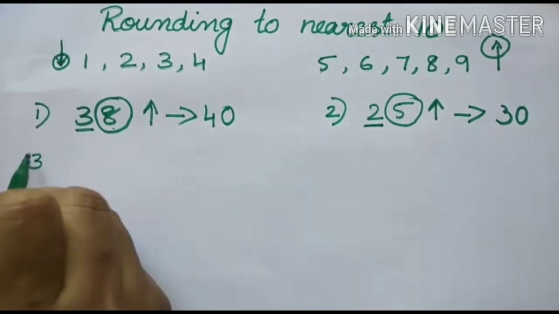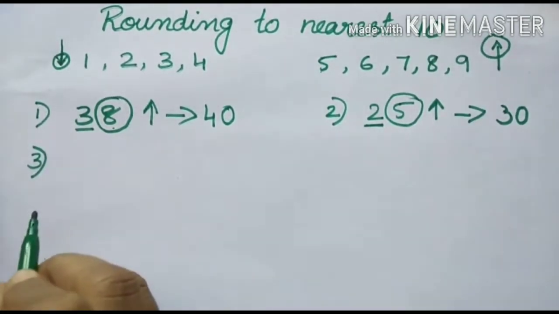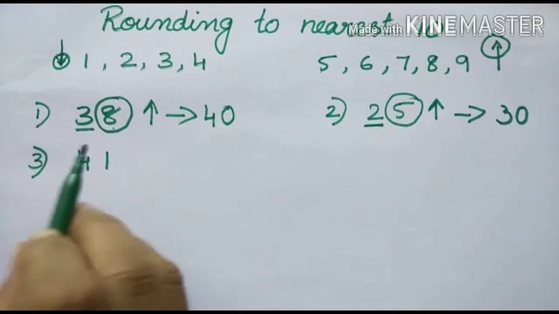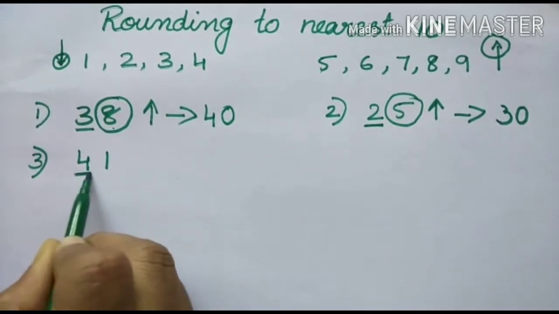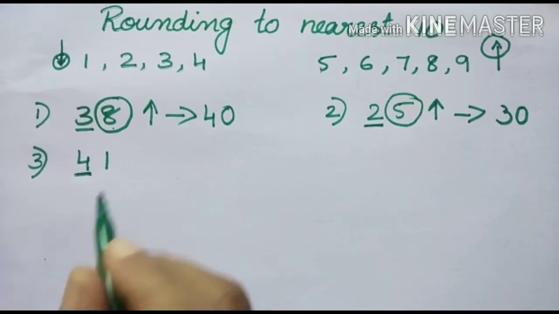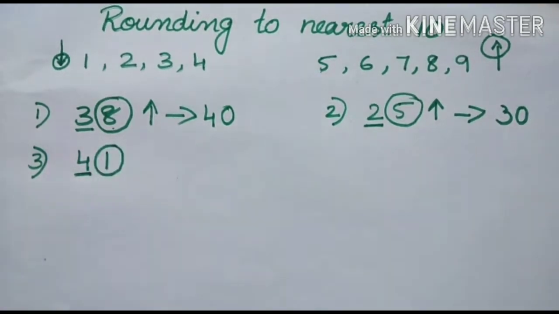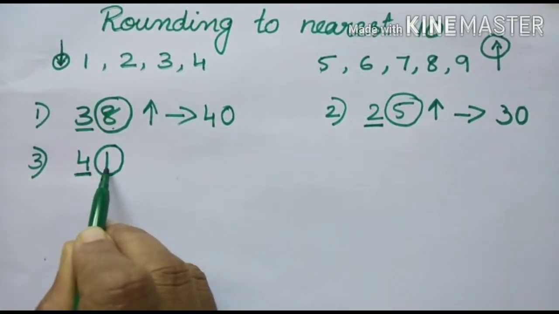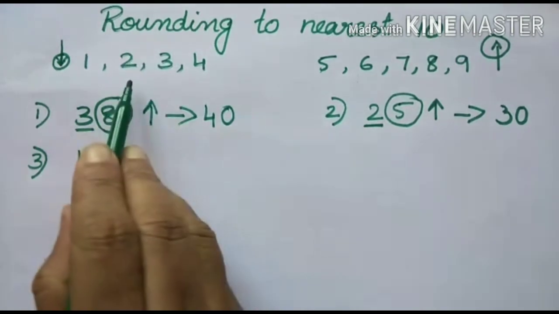Third example, 41. Okay, we have to round to the nearest 10. So, we underline the number in the tens place and let's see the number in the ones place. In the ones place it is 1 and it is less than 5.